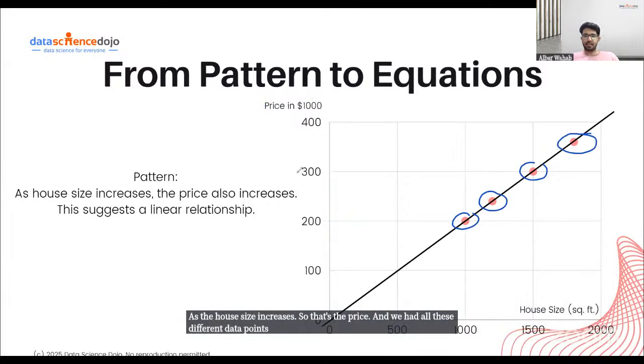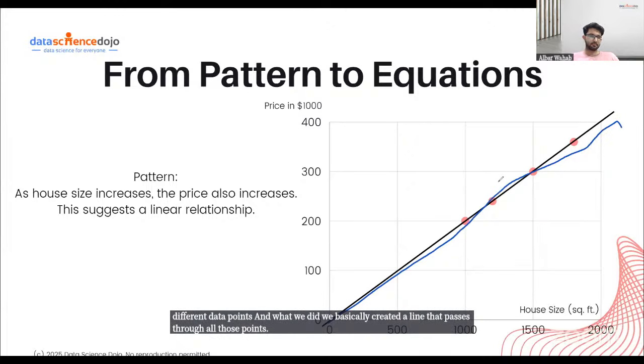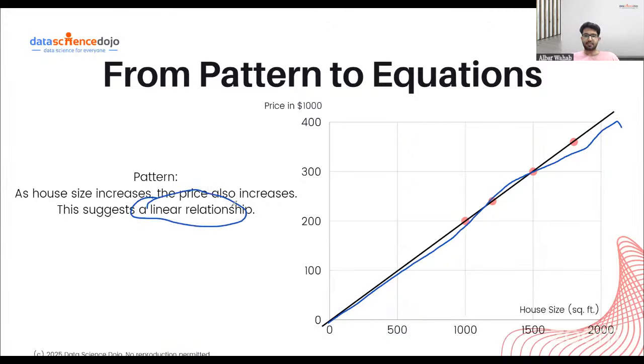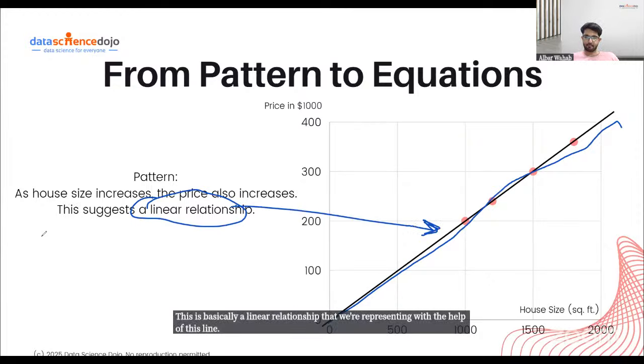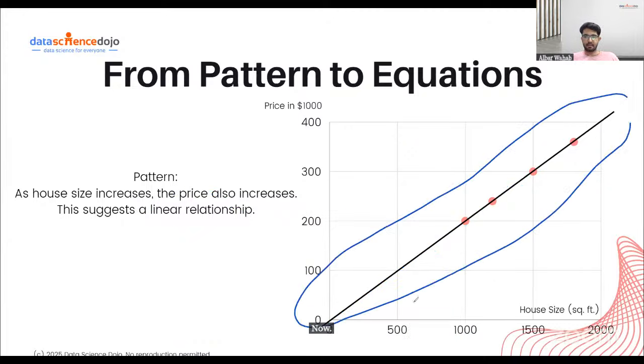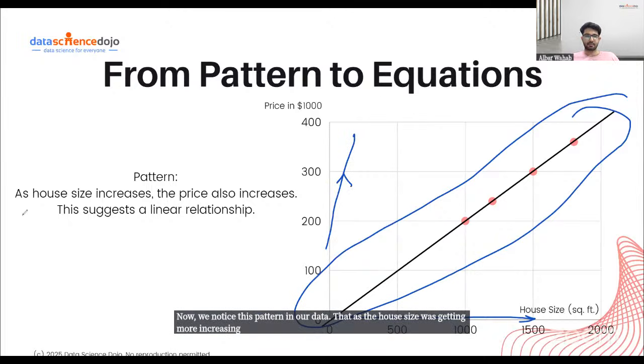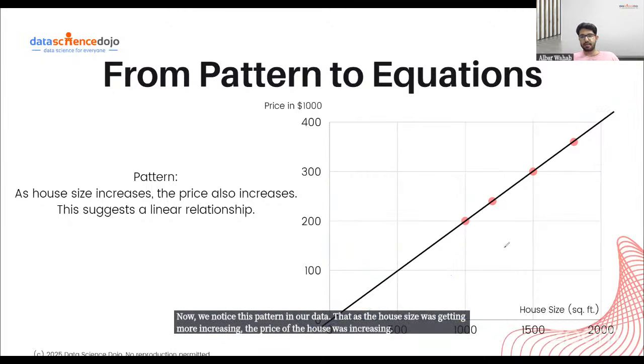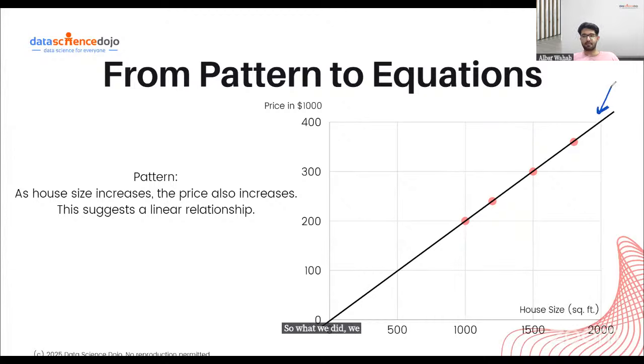And what we did, we basically created a line that passes through all those points. This is basically a linear relationship that we're representing with the help of this line. Now, we noticed this pattern in our data that as the house size was increasing, the price of the house was increasing. So what we did, we basically represented that with the help of a line.